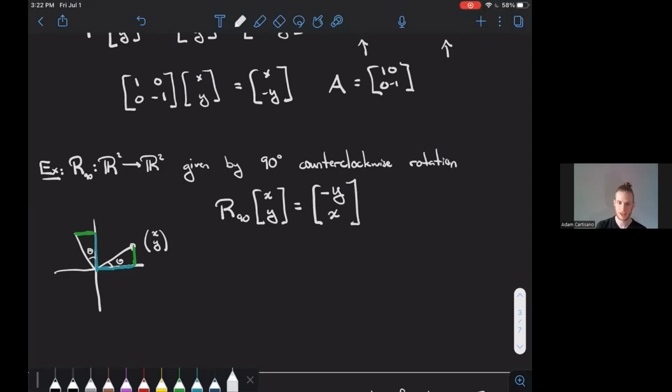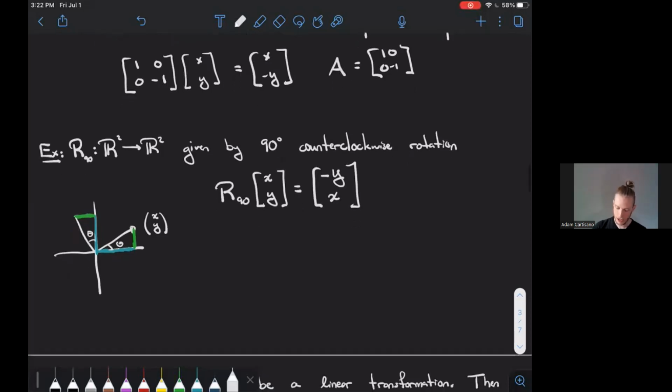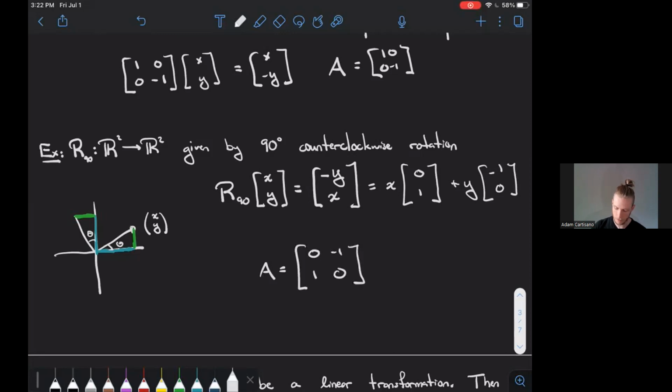This is a very strange thing. But using the same trick as before, it'll be x times the vector 0, 1, of course, plus y times the vector negative 1, 0. And so the matrix A is going to be 0, 1, negative 1, 0, like this.